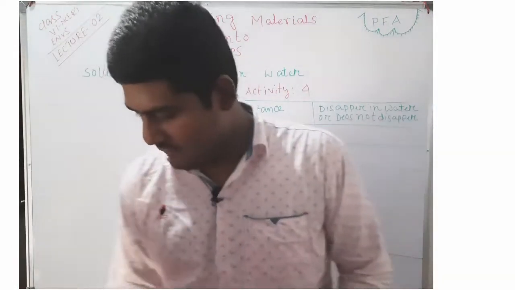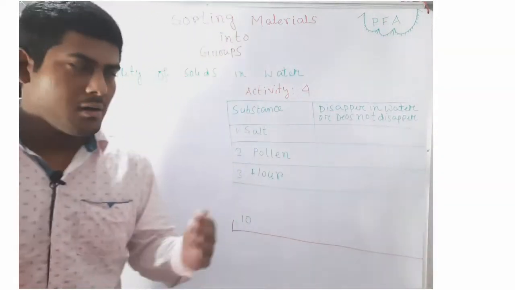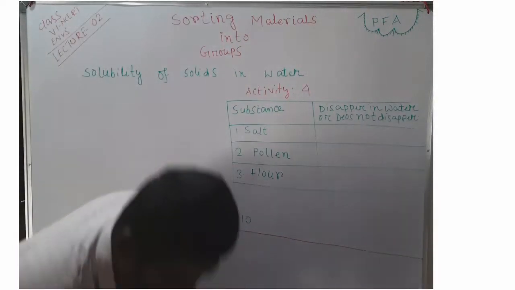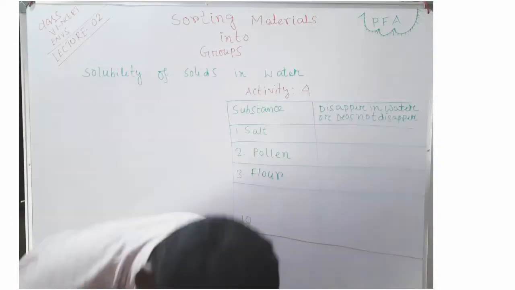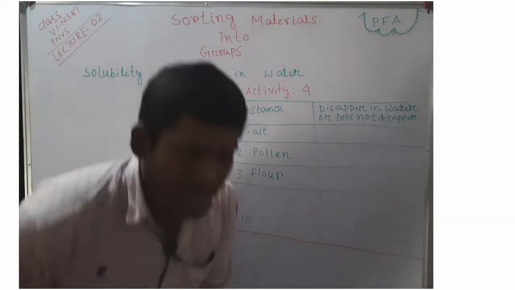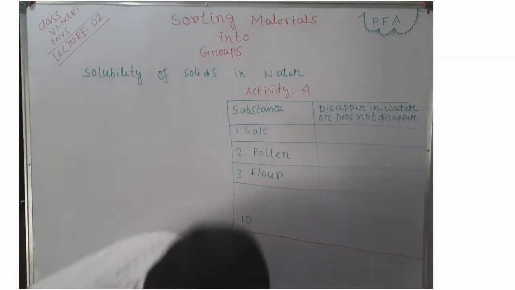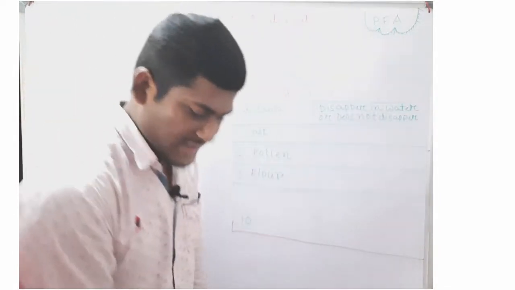To perform this activity we will take help of some substances, namely this water bottle and this another water bottle, and we will also take help of a jar. This is a jar.